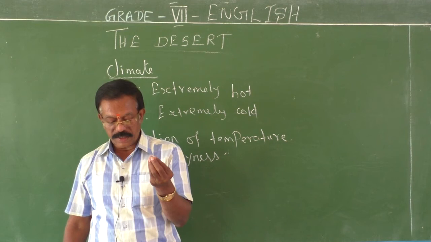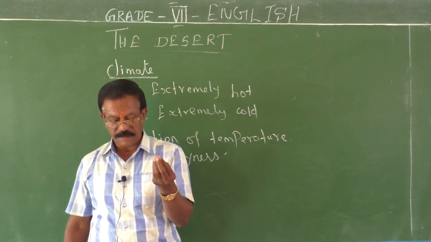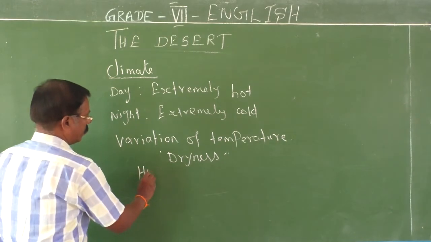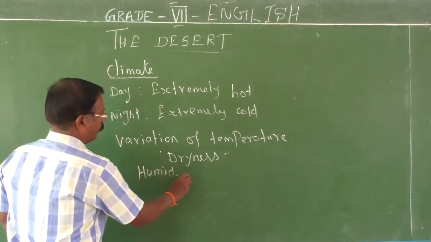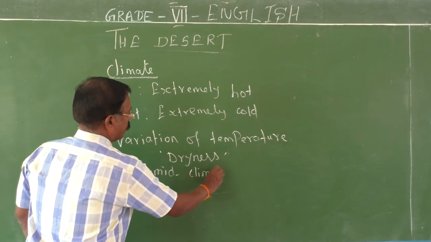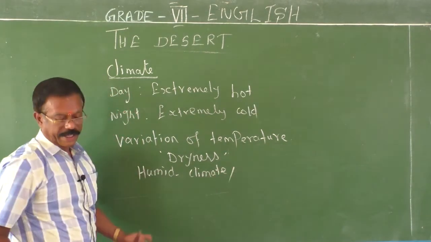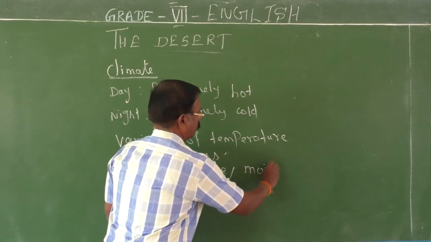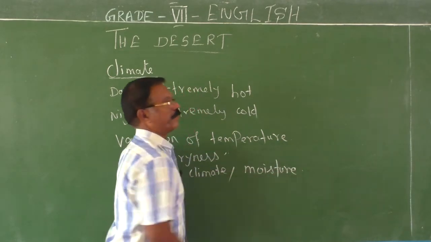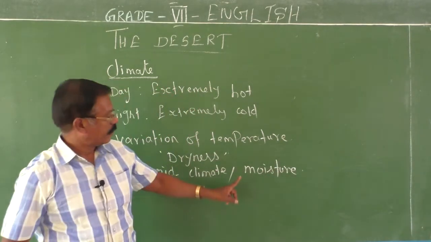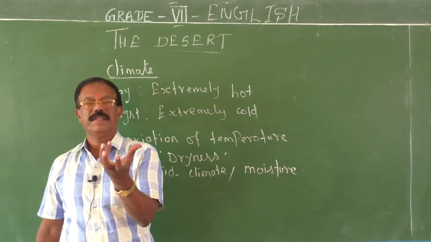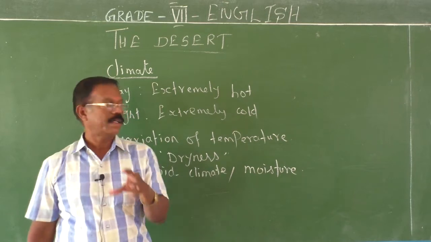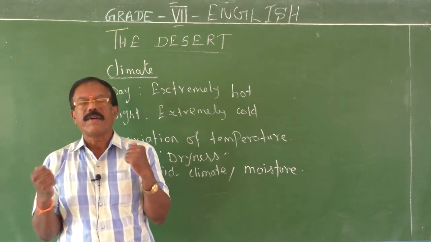The moisture of humid climate is missing in the desert. Humid climate and moist air, you cannot find such things. Moisture: the humidity in the air is called moisture. So when the humidity is more in the air, you can have cool air.